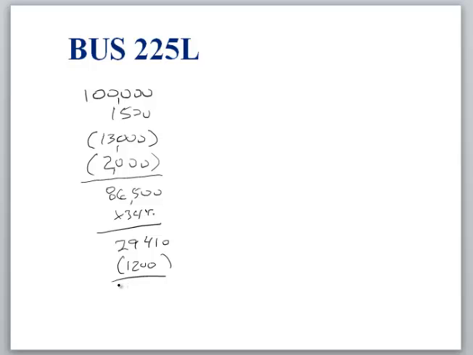And so that would give me 28,210. Right? So for step 1, I'm going to credit my payable for 28.2, and I'm going to debit my expense for 28.2. Okay? That is doing the current provision, right? We ought to be getting good at that.